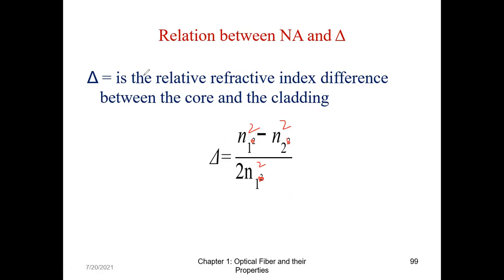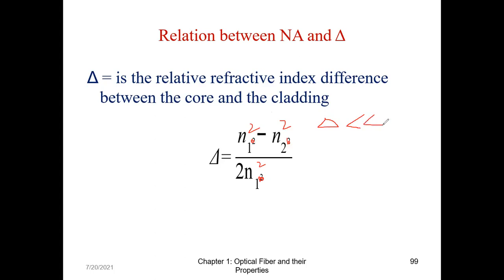So if they tell you to calculate delta, you have to use this formula, n1 square minus n2 square upon 2 n1 square. After writing this formula, write down one more formula. Suppose the value of delta is given in the numerical.